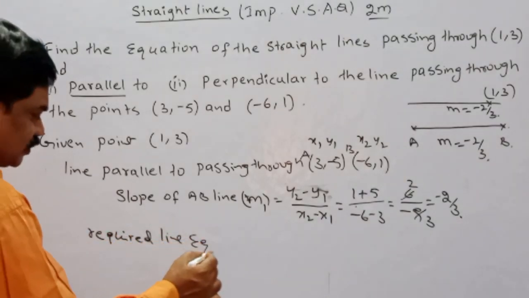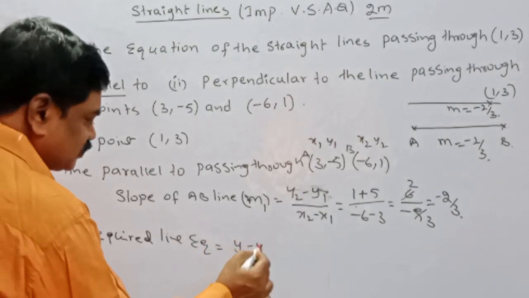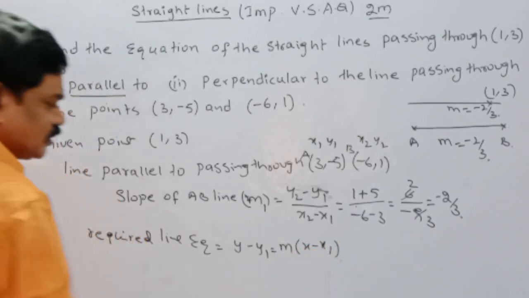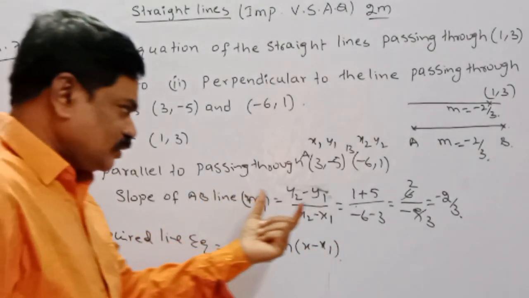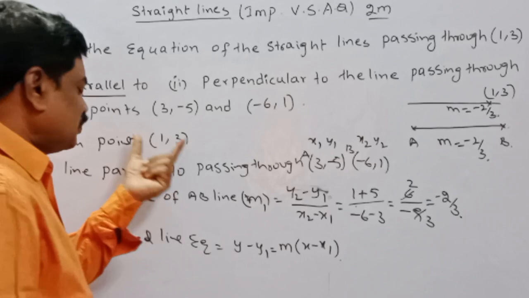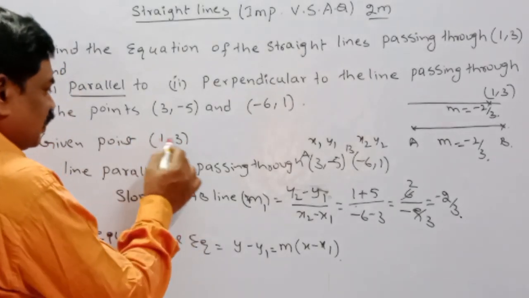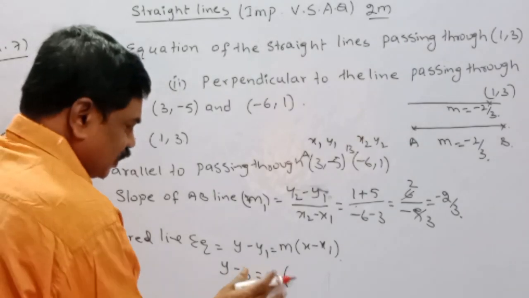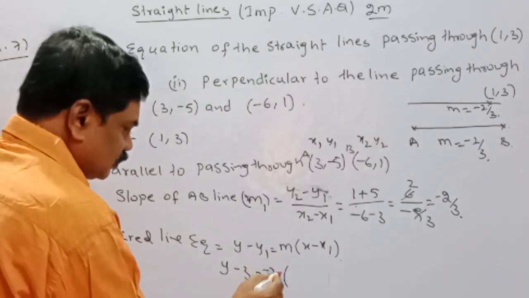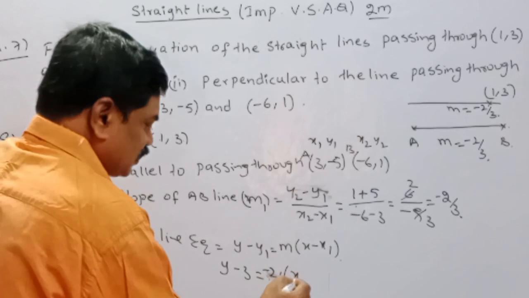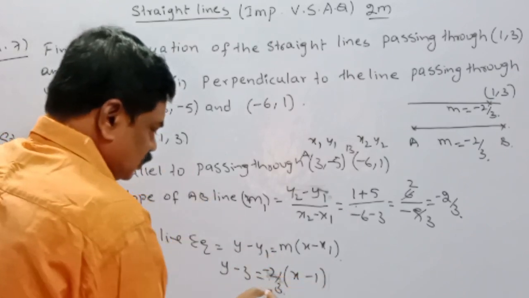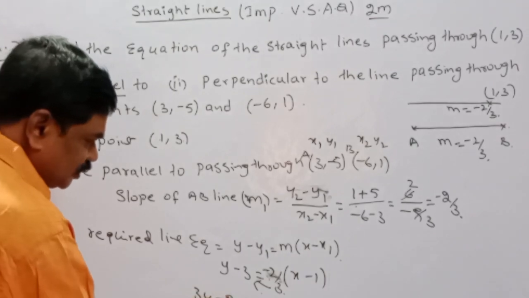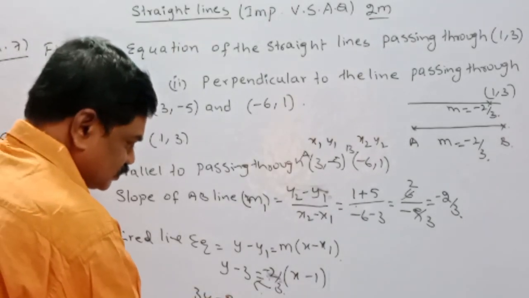So the required line equation is y minus y1 is equal to m into x minus x1. Here y minus 3 is equal to minus 2 by 3 into x minus 1. By cross multiplication, 3y minus 9 is equal to minus 2x plus 2.